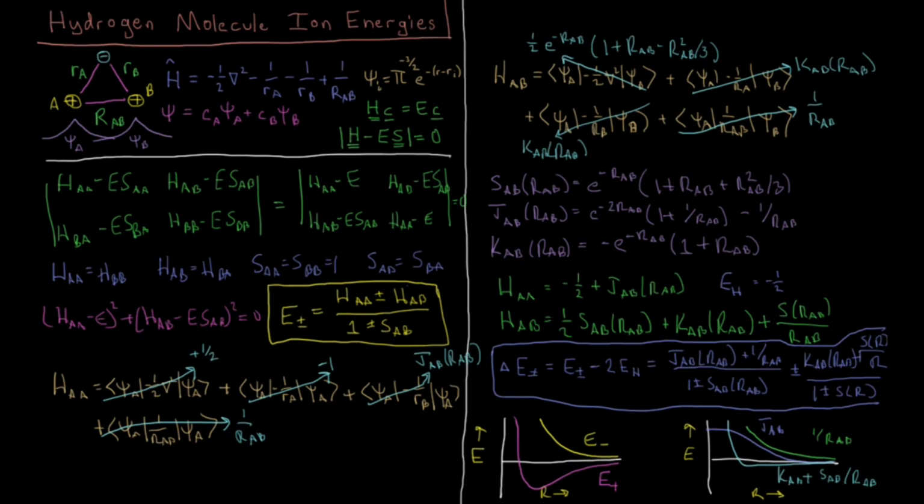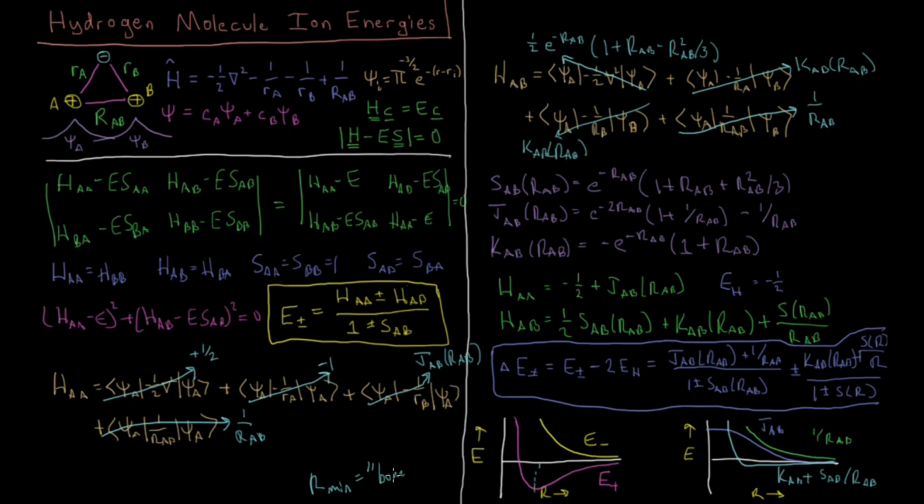So one thing we should notice here is we have an energy which starts at 0 at infinite separation. They attract each other as they come closer and closer. They reach some minimum at some preferred distance, some preferred RAB, and then the energy goes up very, very quickly again. And then this R min here would be what our bond length would be.